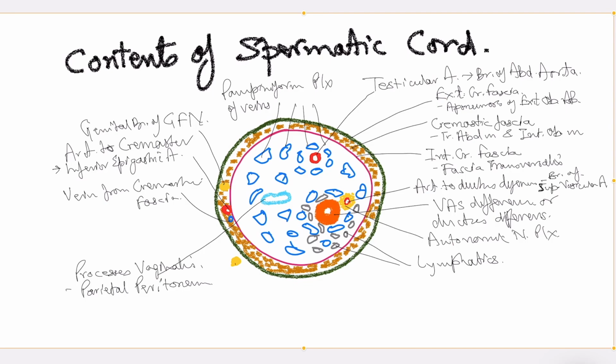And what lies outside the external cremastic fascia is the ilioinguinal nerve. The ilioinguinal nerve is from the anterior primary rami of L1 spinal segment, and the genital branch of the genitofemoral nerve is L1, L2, ventral division from the anterior primary rami of L1, L2.